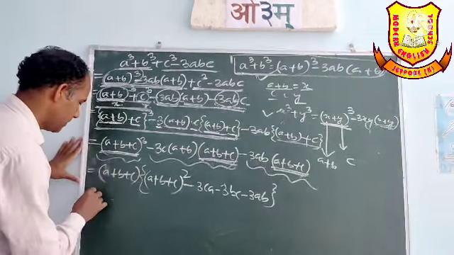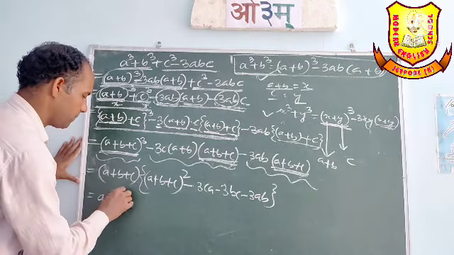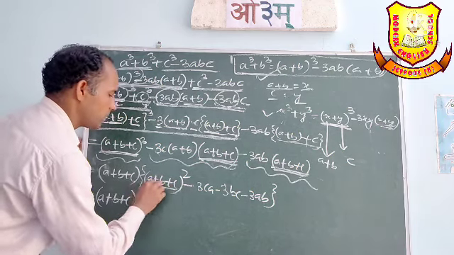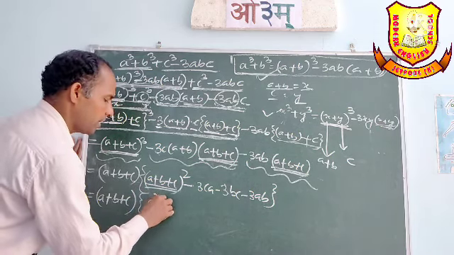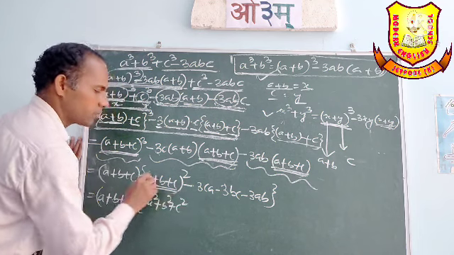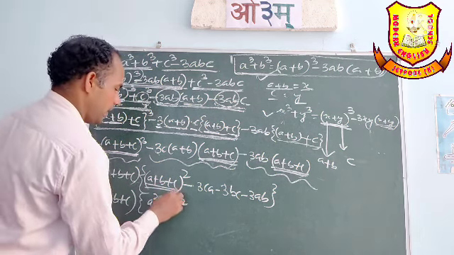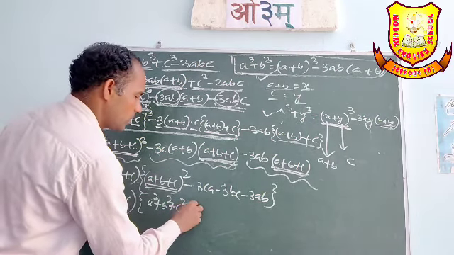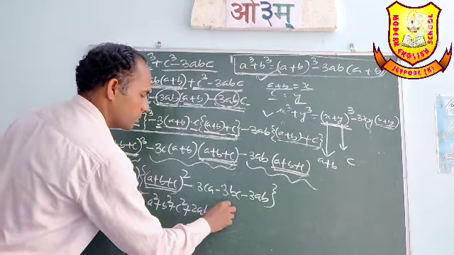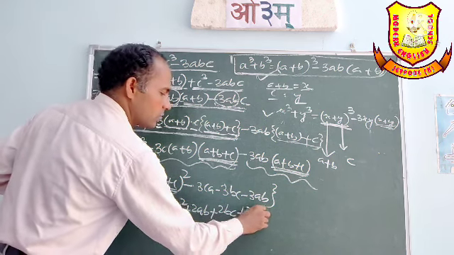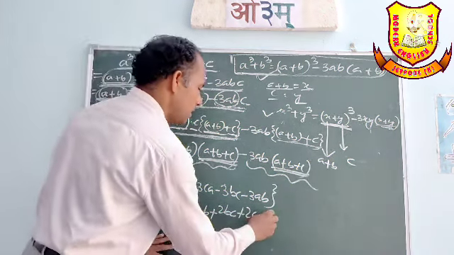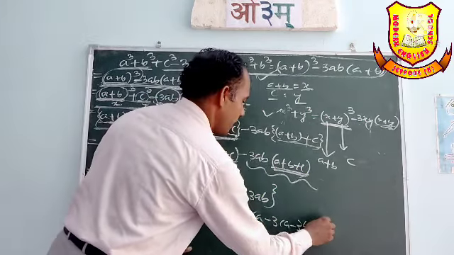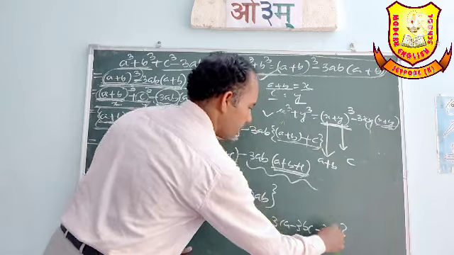Now (a plus b plus c) whole into, (a plus b plus c) whole square equals a square plus b square plus c square plus 2ab plus 2bc plus 2ca, and what is left? Minus 3ca, minus 3bc, minus 3ab.